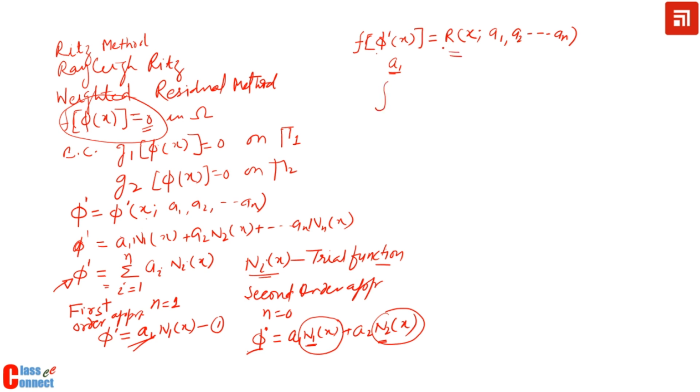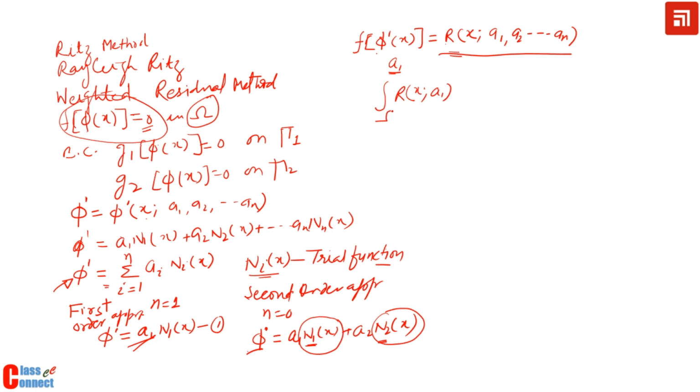In case of Ritz method, this residual should become 0 if I integrate this over the complete domain. If we are talking about only the first order trial function, then we have only one term in this, and the residual will be a function of x and this constant.